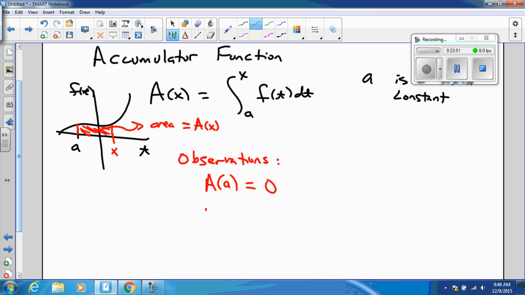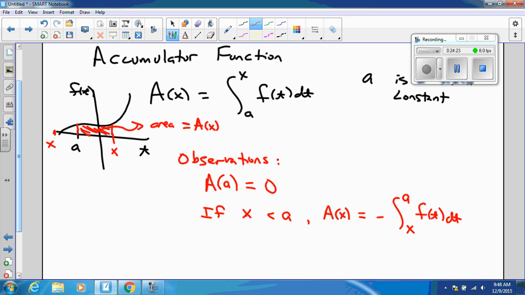The second observation that I want to make is that if x is less than a, notice what that looks like. That means I'm picking a point back over here. I'm integrating backwards. If x is less than a, then A of x will be equal to the opposite of the net signed area from x to a.